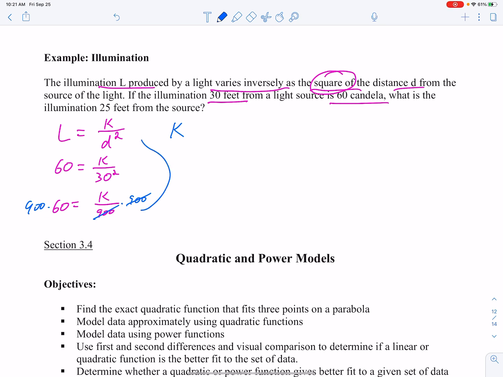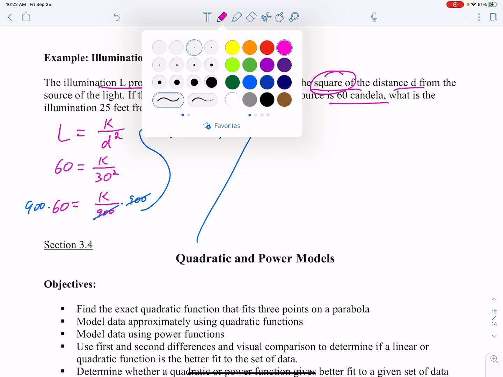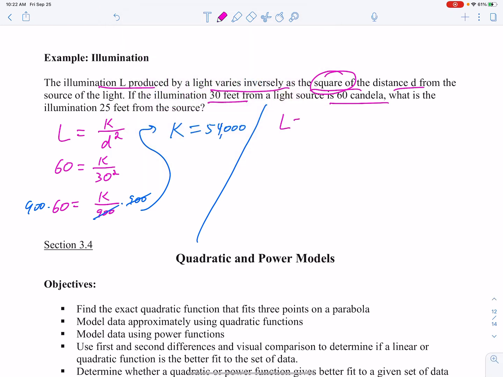So k equals 54,000. All right, so now we're going to finish this one off. Our equation is L equals 54,000 over distance squared.